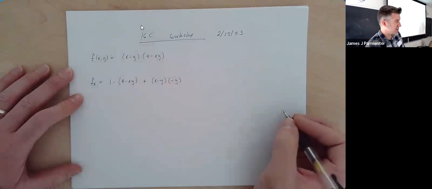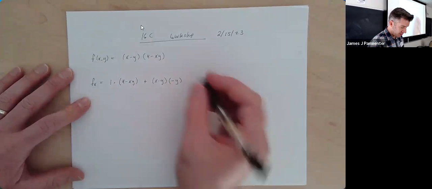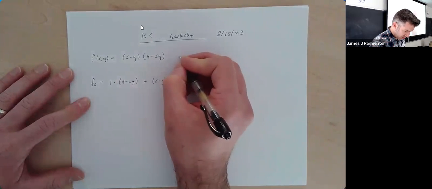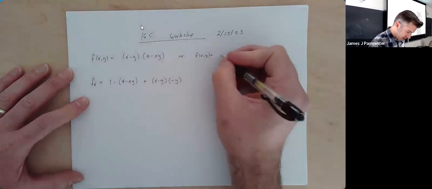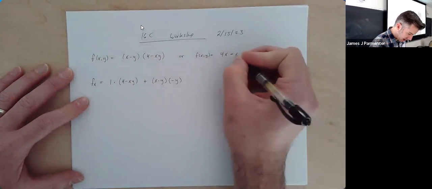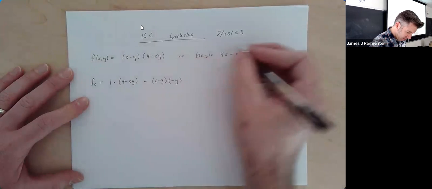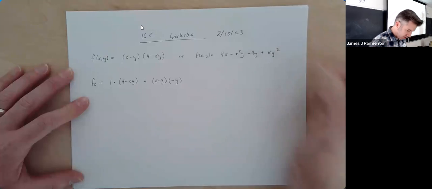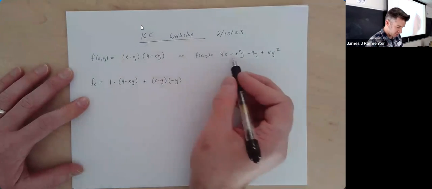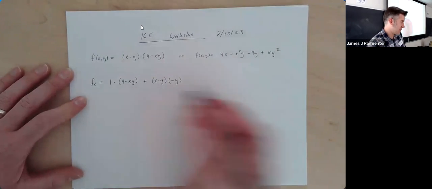So this doesn't seem particularly useful to do it this way. I'm thinking it probably would have been better if we had multiplied this out first and said this is really going to be 4x minus x squared y, and then minus 4y plus xy squared. If we take the partial of that with respect to x, you're going to get the same answer, just multiplied out.